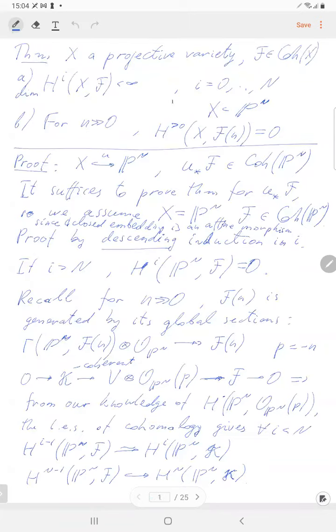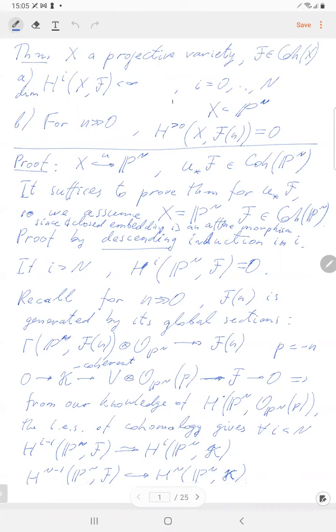And if we go back, we proved this finite dimensionality of the top cohomology for any coherent sheaf F. In particular, we can take K for F. So this rightmost thing in the lowest row is finite dimensional. Hence, the (n minus first) cohomology of F is also finite dimensional.